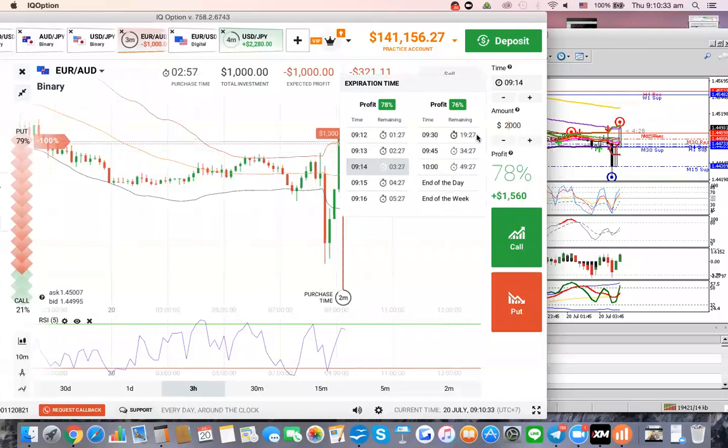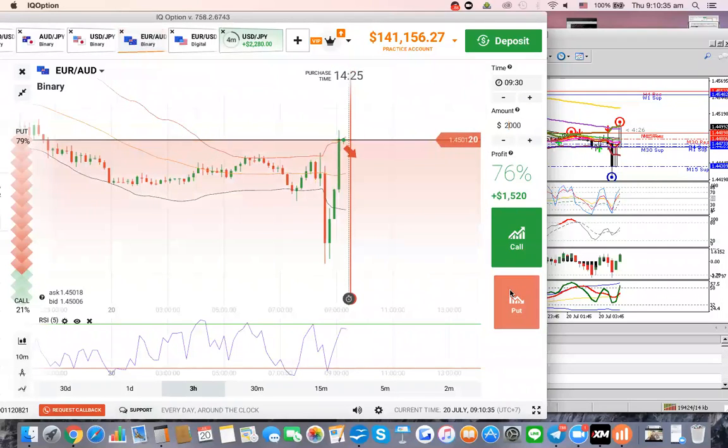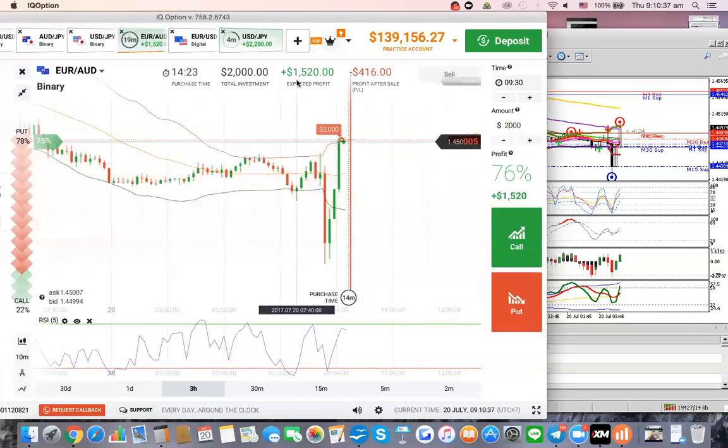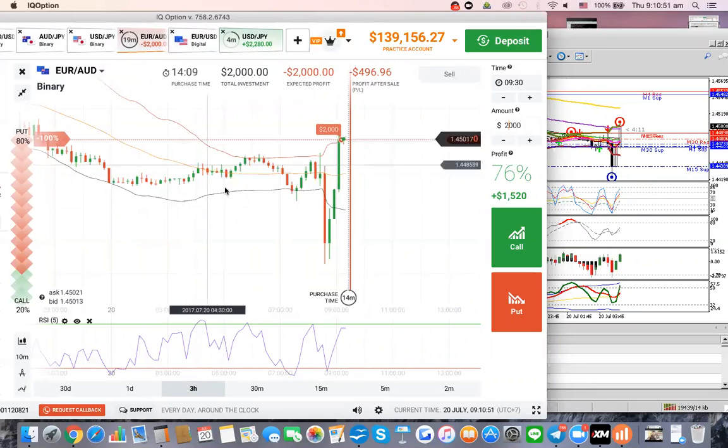Simultaneously also do a 20 minutes put. It's the 100 MA, very flat.